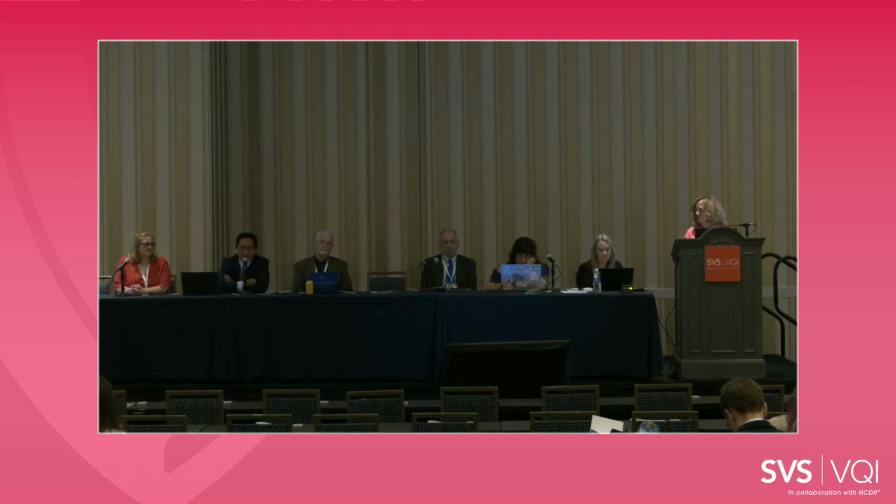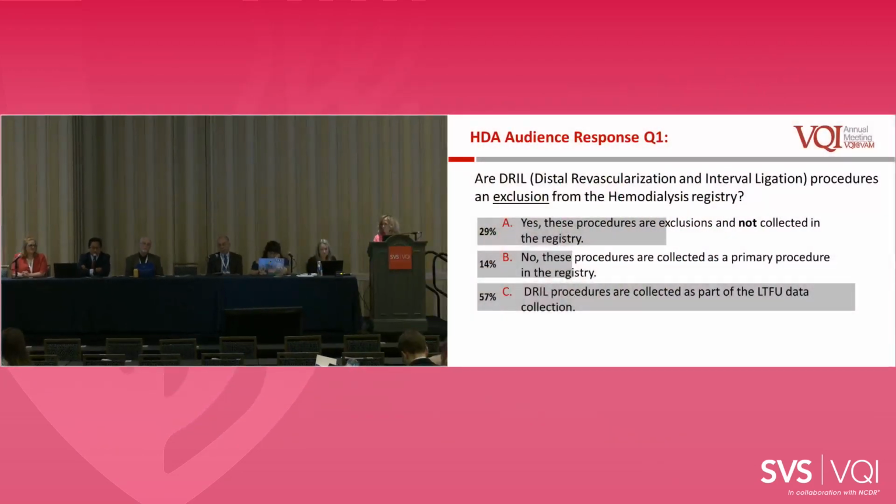One of the options, and kind of the classic option, is this procedure here, the distal revascularization and interval ligation procedure. It's a very long name, but it essentially involves two components. One is the distal revascularization. This is essentially a bypass from a relatively normal, hopefully, part of the brachial artery where it's typically performed, to the artery distal to the anastomosis with the AV access. And then you do a second part, which is you ligate or divide many times the normal artery in between.